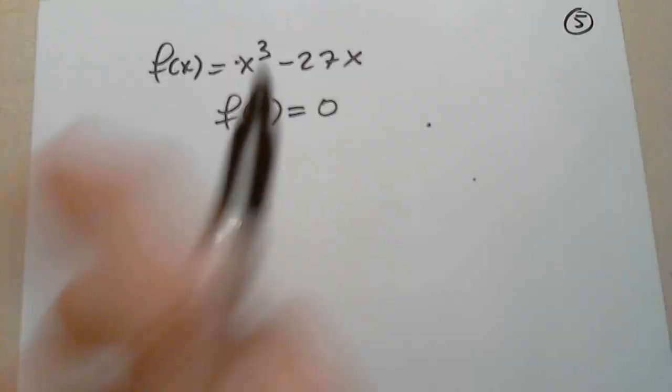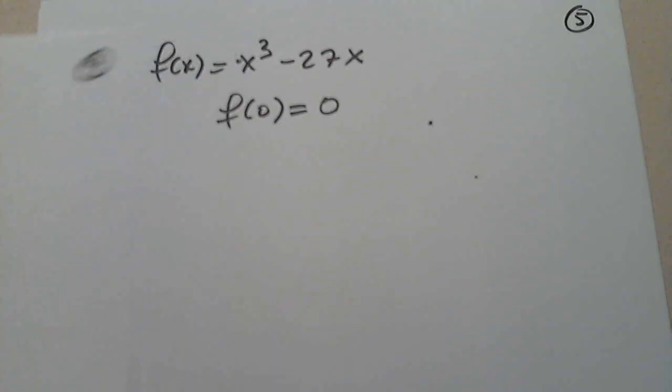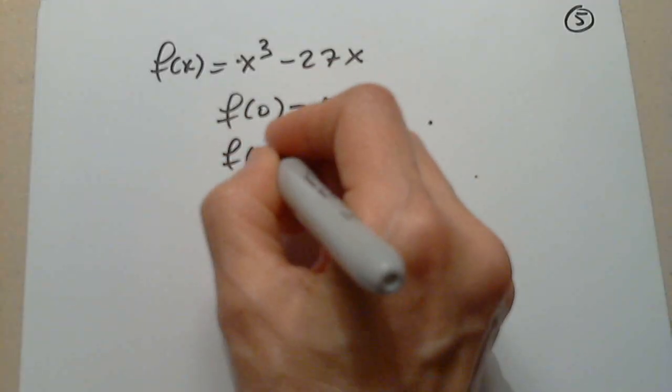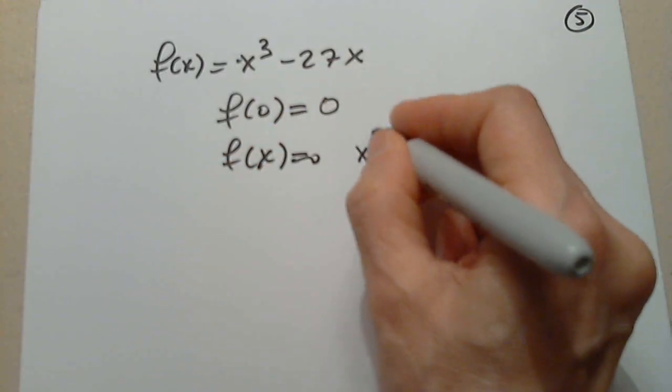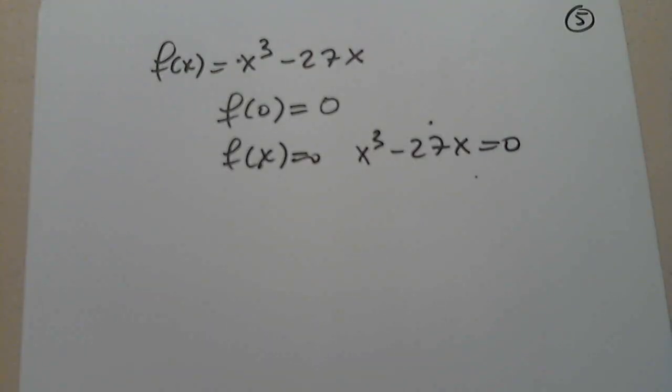Of course, thank you very much. So we determine f of 0. Now I also have to find f of x equals 0, solutions to the equation x cubed minus 27x equals 0. If you don't want to factor, put it in the graphing calculator. I'm okay with that. Go to apps again, choose 9.